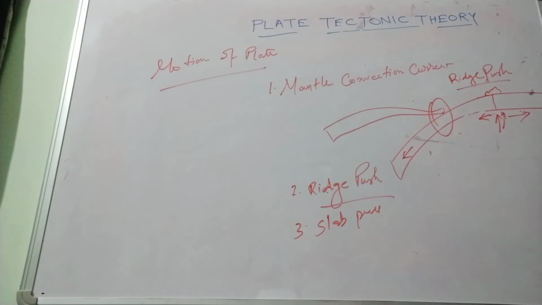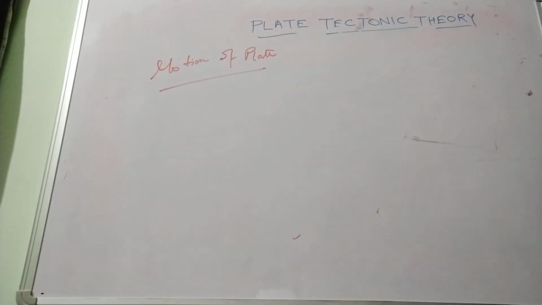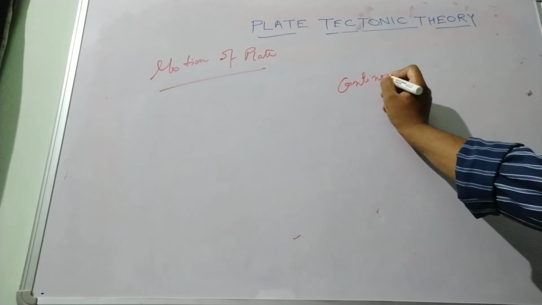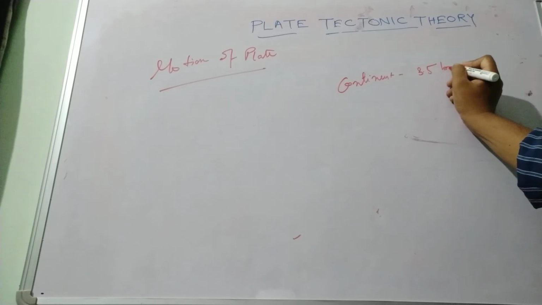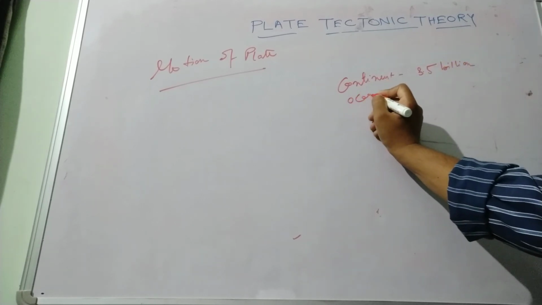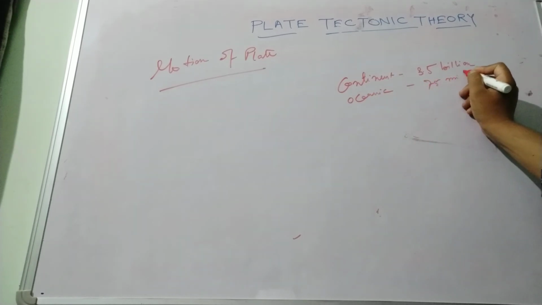So there are several pieces of evidence for the plate tectonic theory. The first one is the age of the plate. Continental plate has an age of 3.5 billion years, whereas the oceanic plate is only 75 million years.